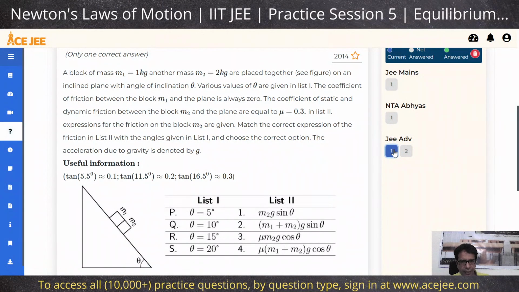This is a good question. Just note that you have been given the value of tan of 5.5, tan of 11.5, tan of 16.5.